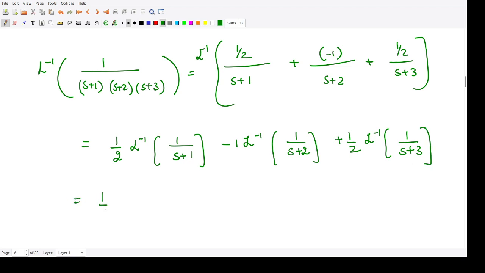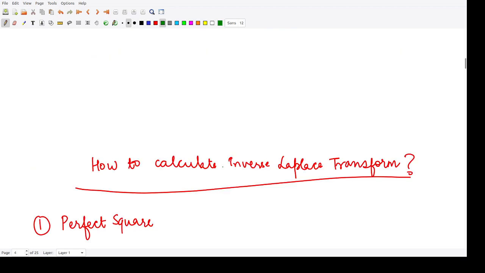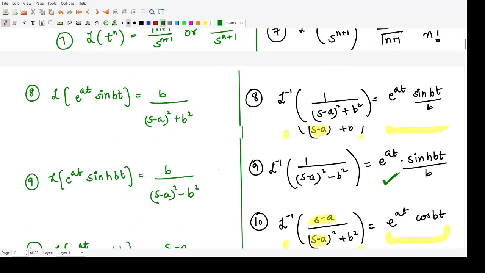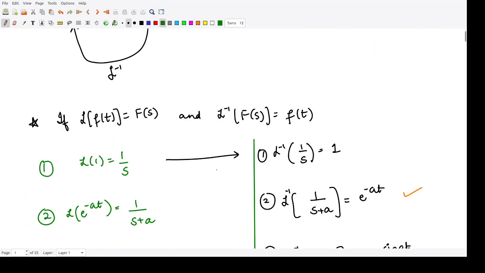So all these inverse Laplace transforms would be obtained using the direct formulas. Using the second formula, Laplace inverse of 1 upon s plus a is equal to e to the power minus at.